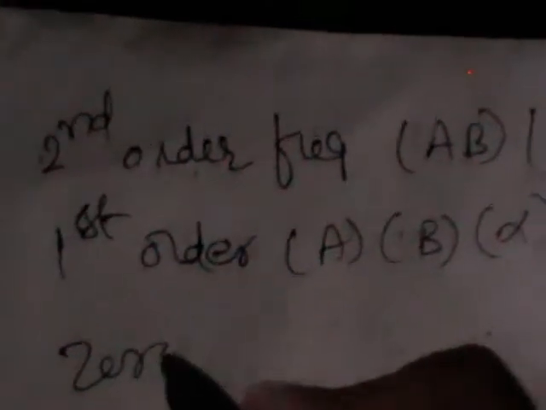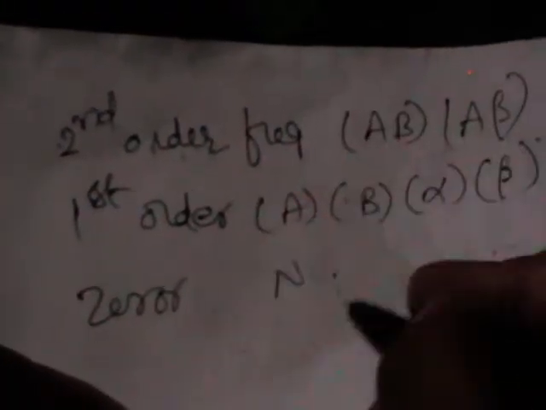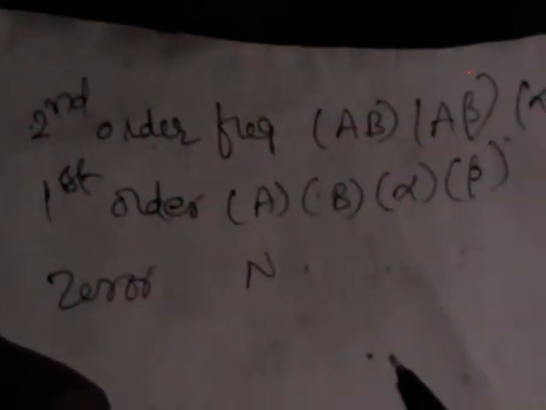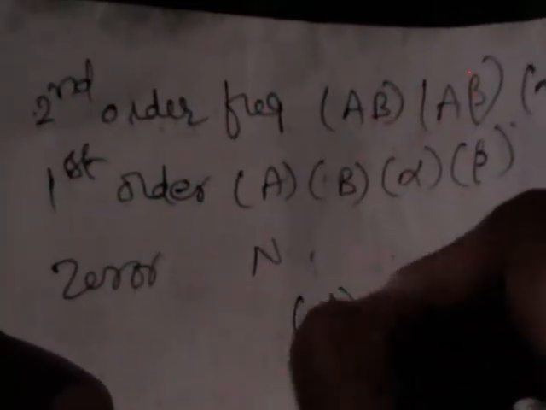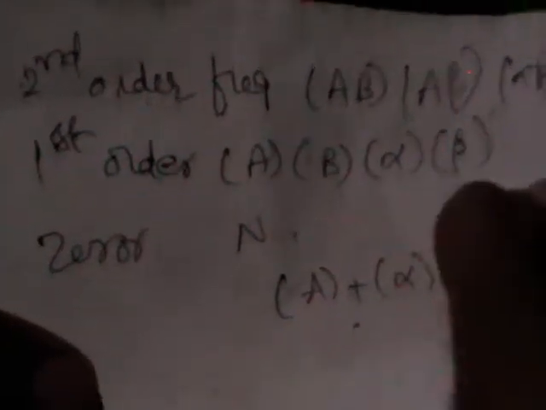The first order frequencies are bracket A, alpha, B, beta. The zero order frequency is N. You will get numerical problems also. As I said, either A plus alpha or B plus beta, you should get the same number, which indicates the total population. This is the case when we have the second order frequencies.